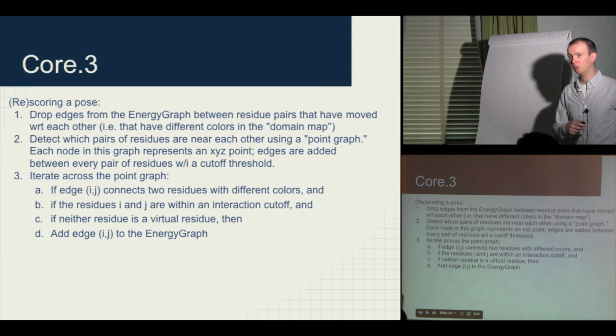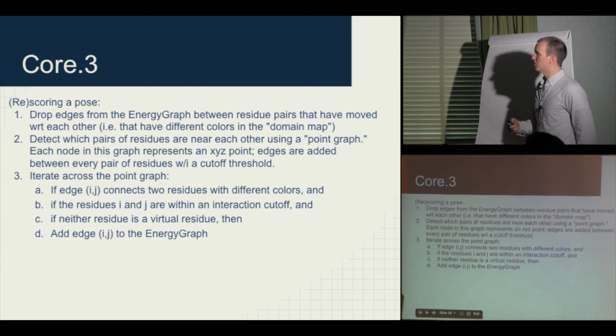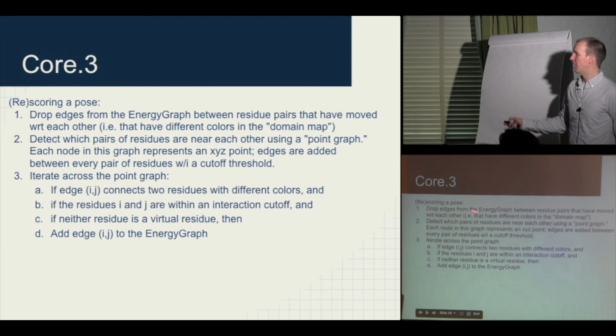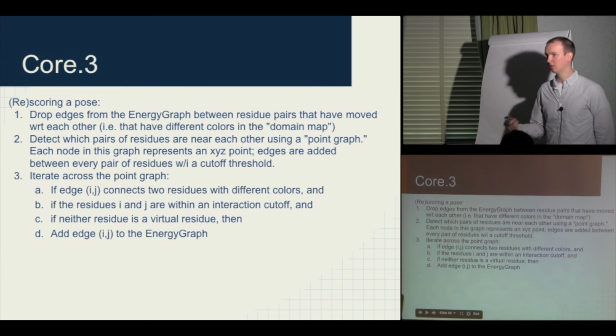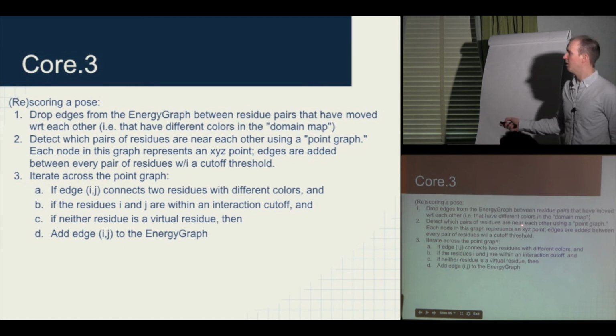So just returning to what I described yesterday in rescoring a pose. So this is the process where you would rescore a pose. You're going to get the domain map out of the pose and drop energies from the energy graph between pairs of residues that have different colors. Then you'll detect the set of neighbors using the point graph that you used in the exercise last night.